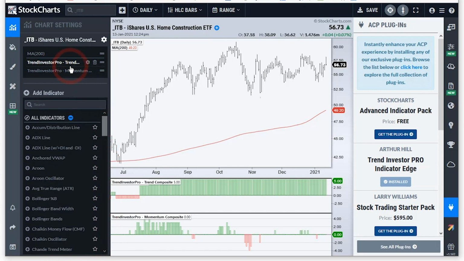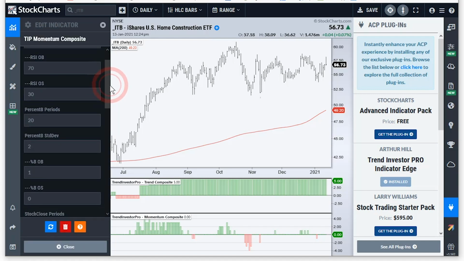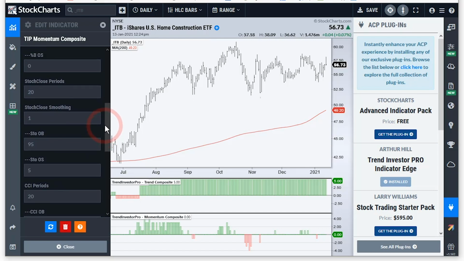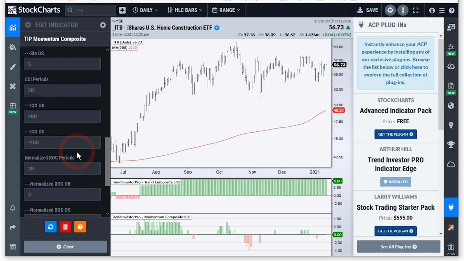And so I'm going to just adjust the settings on the Momentum Composite a little bit to make it a little more sensitive. And in particular, I'm going to adjust the Commodity Channel Index. And I've got 20 periods, but I'm going to adjust it to 100 for overbought and -100 for oversold.